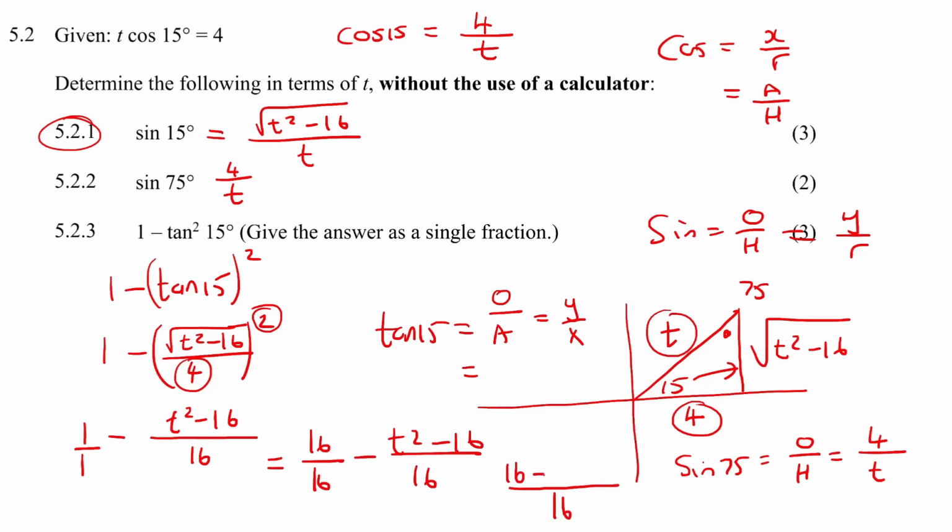And then I can say 16 minus. Now be careful, this minus is going to jump to both terms, so it's going to become minus t squared plus 16. If you got minus, it's because you need to be careful with this negative that jumps to both. And at the top, you're going to end up with 32 minus t squared over 16.